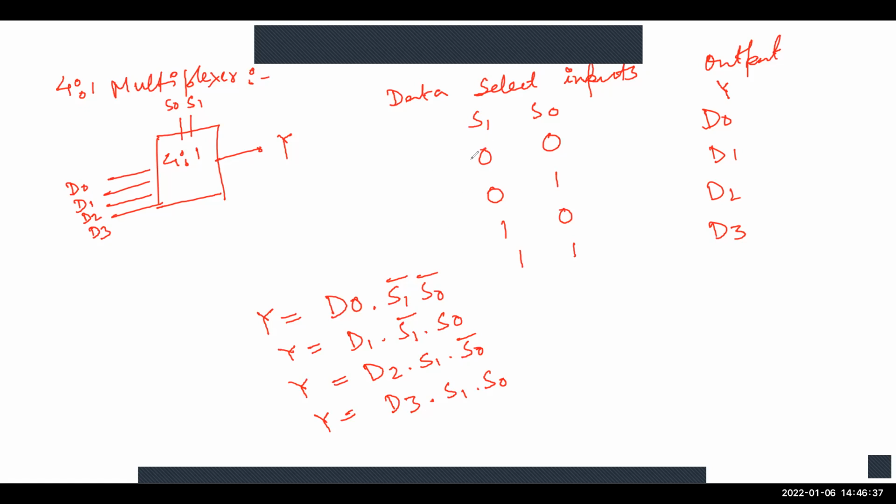Now if the above terms are added, because for the case of 4:1 mux we have only one output, the final expression is Y equals D0 S1 bar S0 bar plus D1 S1 bar S0 plus D2 S1 S0 bar plus D3 S1 S0.